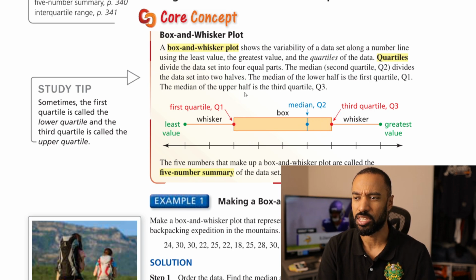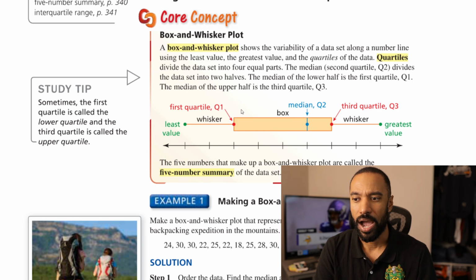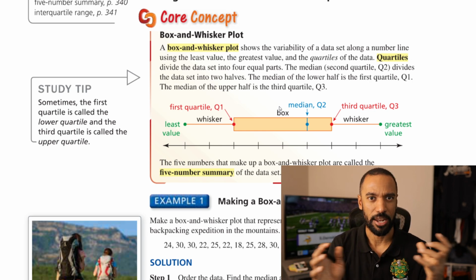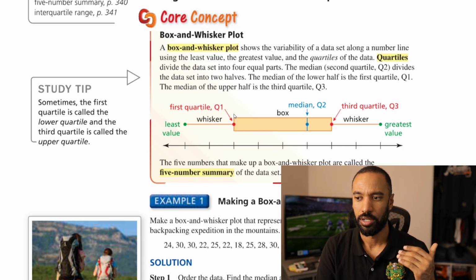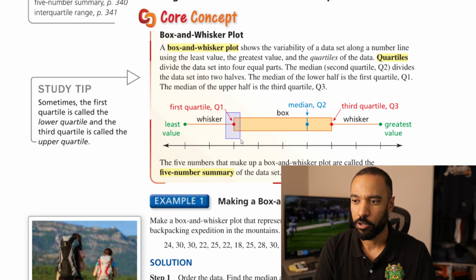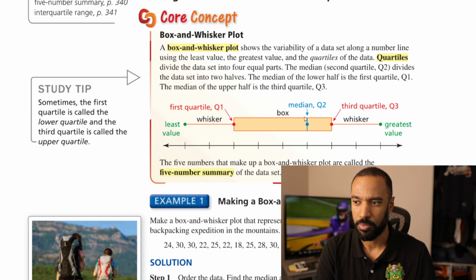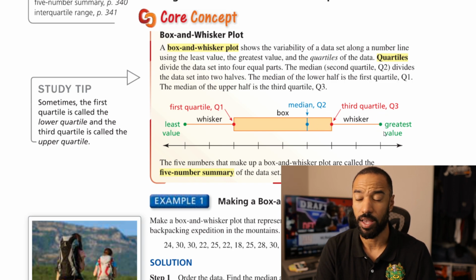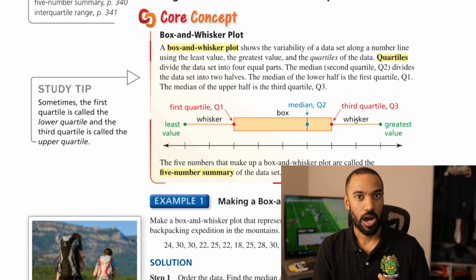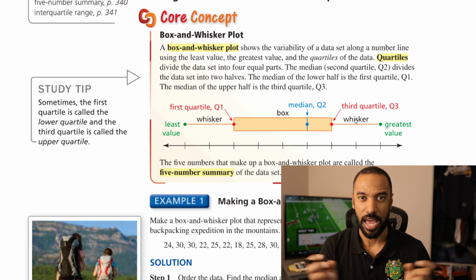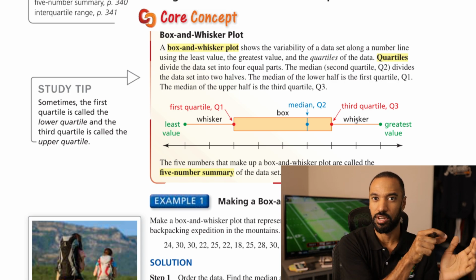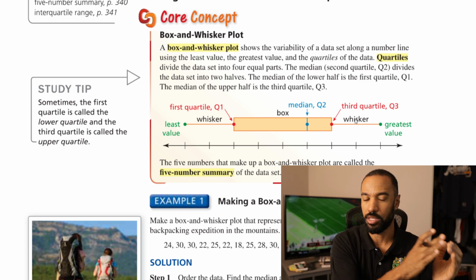So they represent medians. Now you might be asking why this isn't an exactly symmetrical box and whisker graph. Why is the first quartile closer to the minimum than it is to the median? Why is the third quartile closer to the median than it is to the greatest value? These represent the specific data values that you have. Remember, we have a list of numbers, and they're not necessarily equally spaced out.